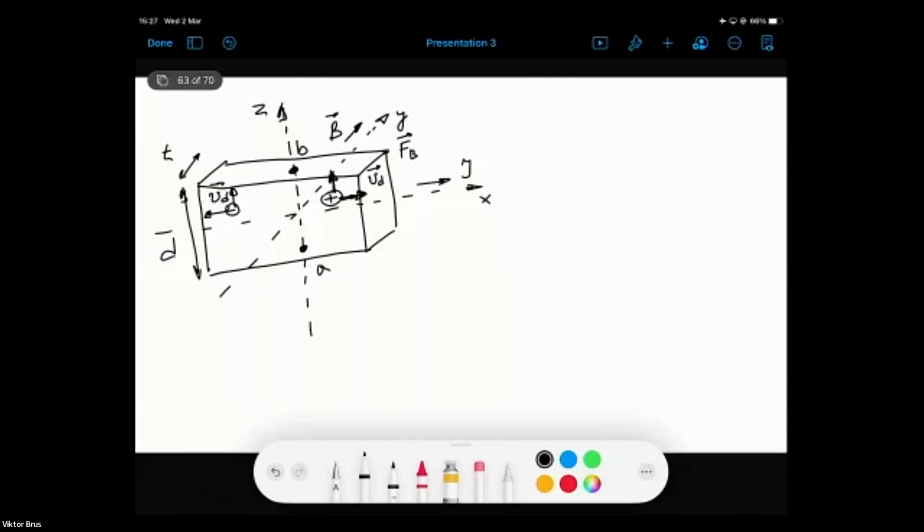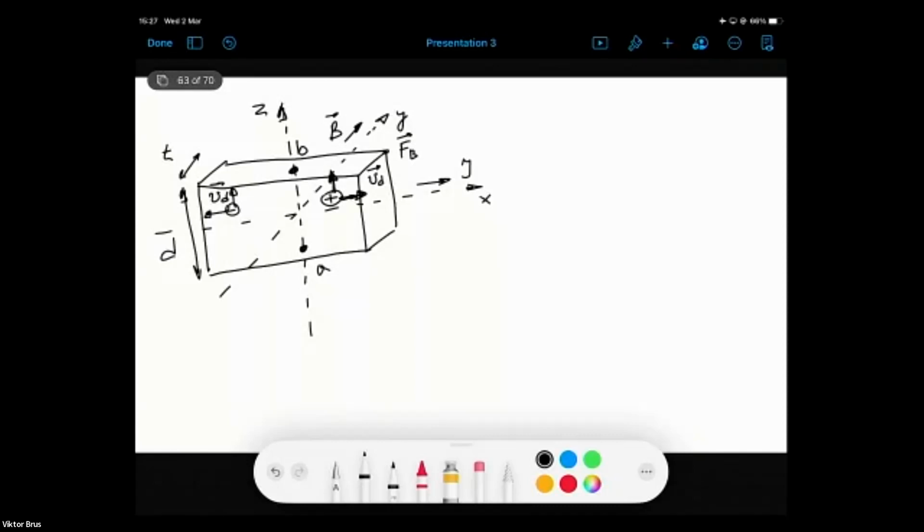It will be along axis Z. So both, doesn't matter, positive or negative, our charges will be deflected to the upper edge of this conductor.